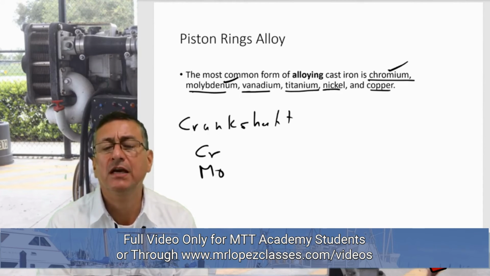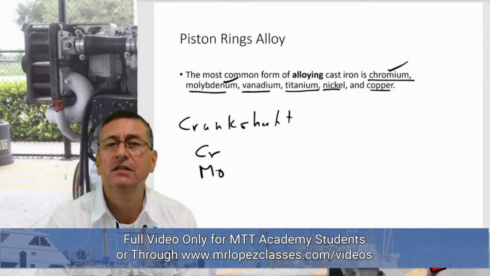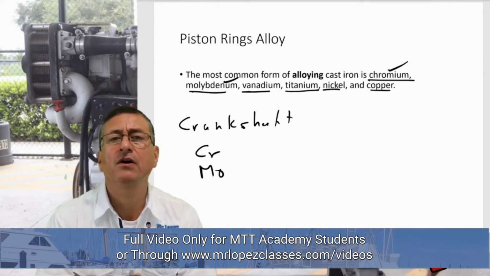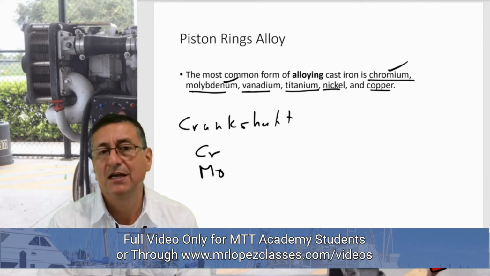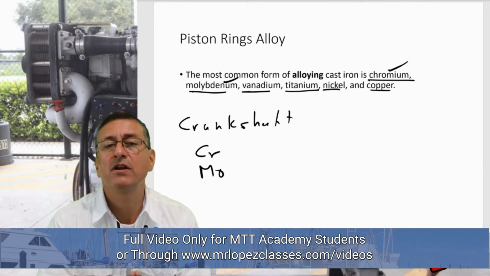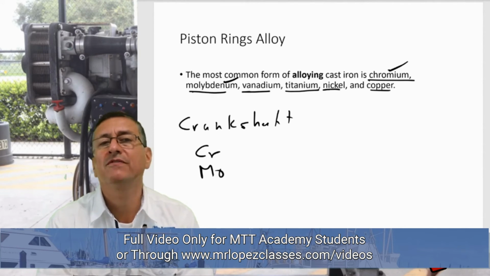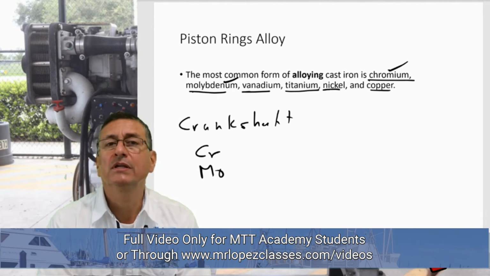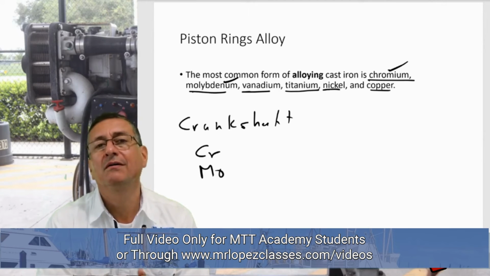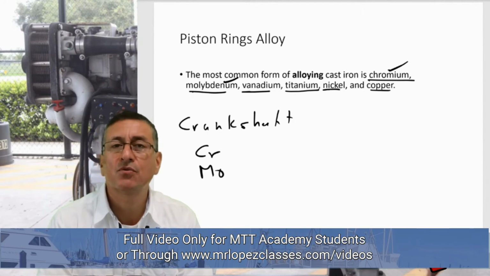In this specific case, if you find in the report of the oil sample an excessive amount of chromium and an excessive amount of molybdenum, you have two possibilities: the crankshaft or the piston rings. How can you identify if it's the crankshaft or if it's the piston rings?